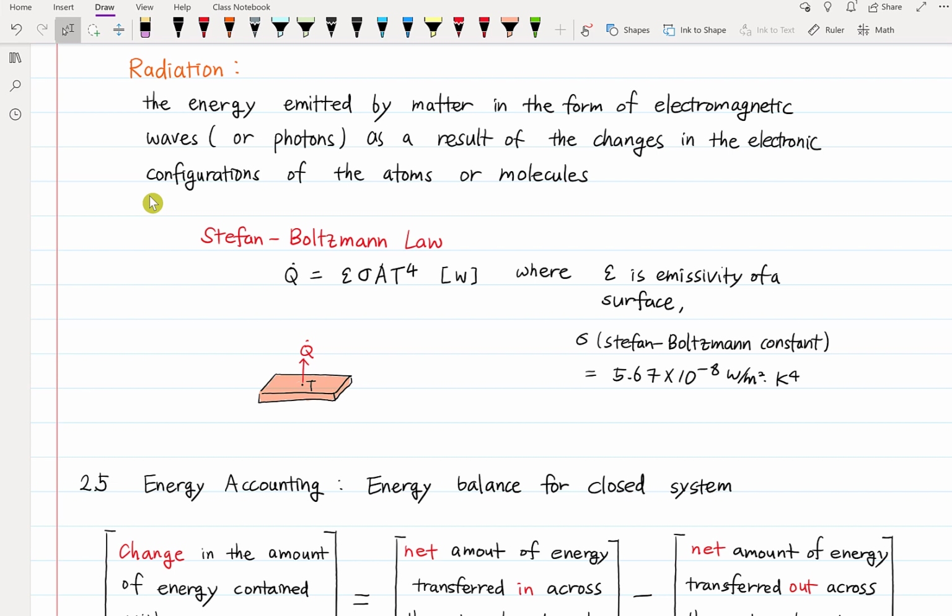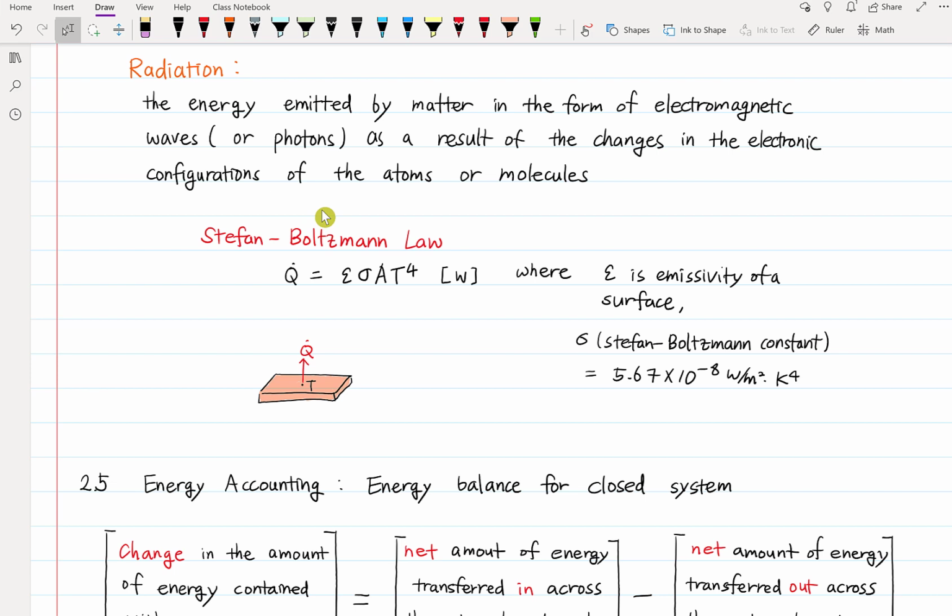Radiation does not require a transport medium. Radiation emitted from the sun travels through the vacuum of space and we receive the solar energy at the surface of the earth. Radiation in thermodynamics refers to thermal radiation, including infrared radiation, visible light, and a portion of ultraviolet radiation.